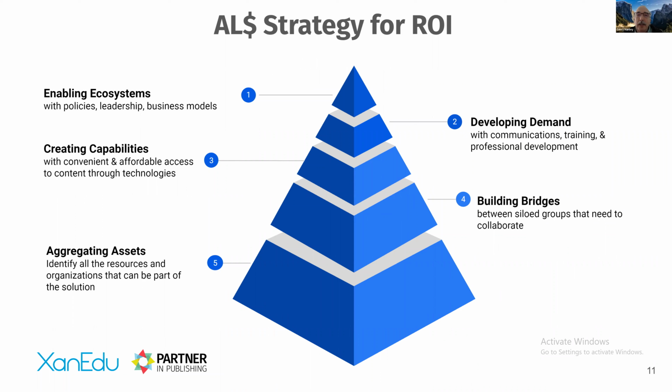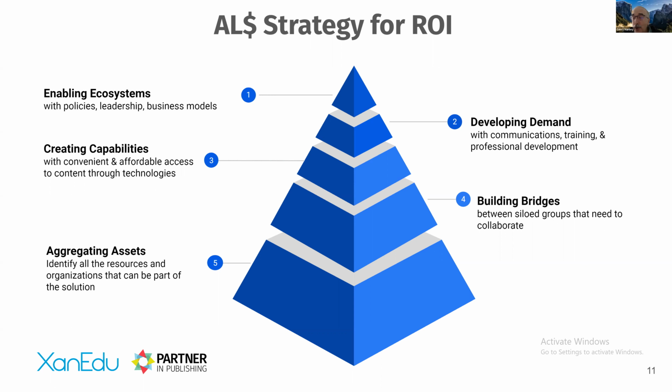And at the top, the enabling of the ecosystems. What are the policies that you put in place? This is working with your academic senate, your leadership, your provost and your president, by articulating these priorities that can make your students more successful, and working with your bookstore and business models and commercial providers and your libraries on different ways to fund the cost of educational content.